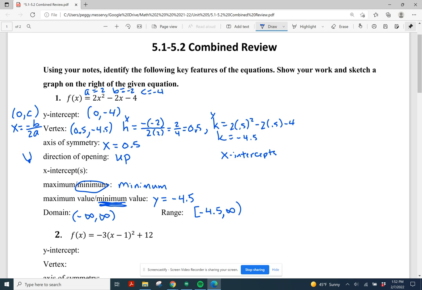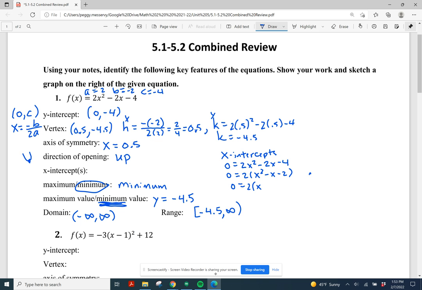So for my x-intercepts, I'm going to solve the equation 0 equals 2x squared minus 2x minus 4. So we'll have 0 equals, I'll factor out a 2 because we have a GCF. And then we're either going to use factoring by grouping or the box method. And we're going to factor that quadratic, x squared minus x minus 2.